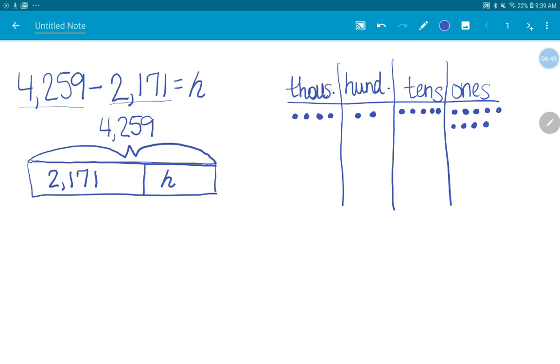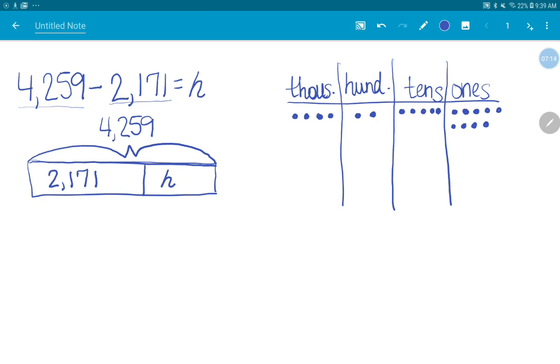All right, so let's check and make sure you have the correct amount represented. We're going to look at our thousands place. How many place value discs should I have in the thousands place? 4. Let's count them. 1,000, 2,000, 3,000, 4,000. How many in my hundreds? 2. 100, 200.